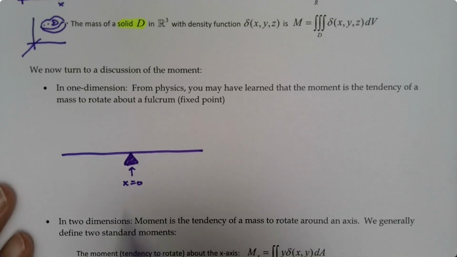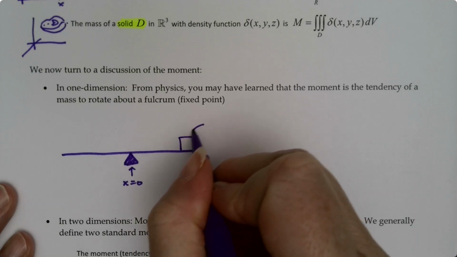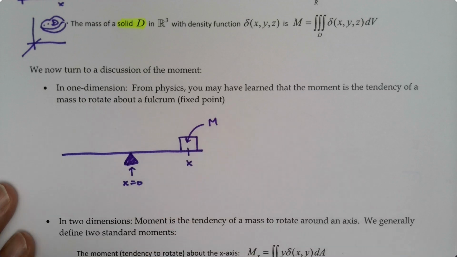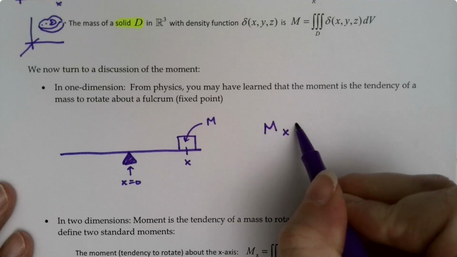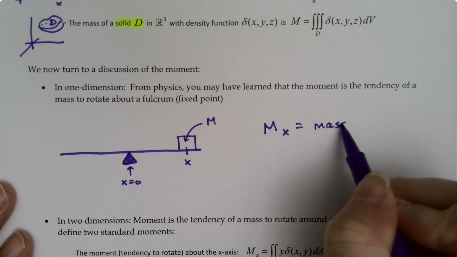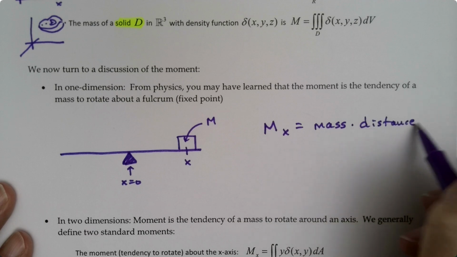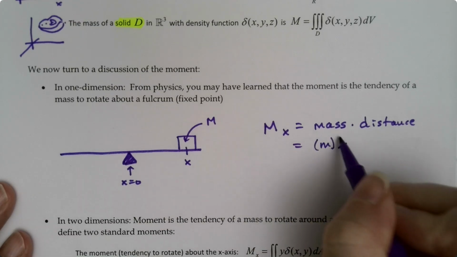And then we have our mass over here, and here's your value x. So the moment in the x direction is mass times distance, or mx, M times x. That's multiplication.